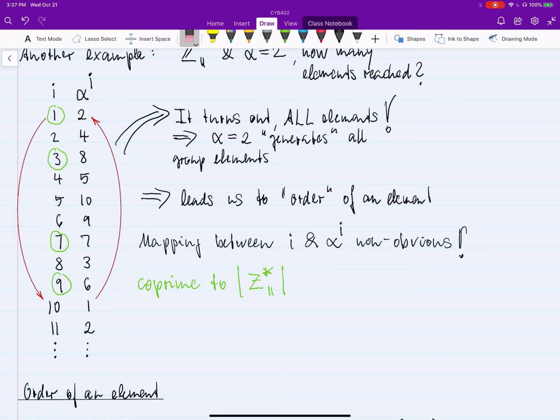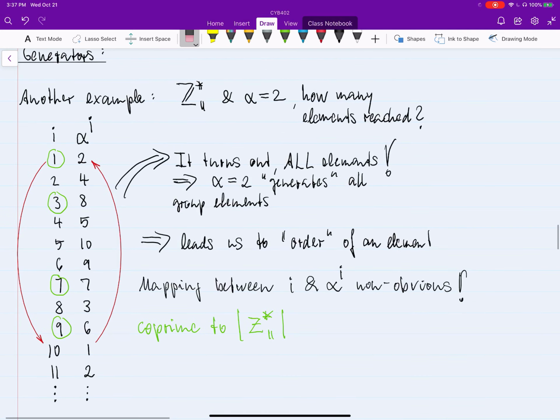One more observation: I put some numbers in green. I did it for a purpose that is going to become clear later on. But for now, just notice that these elements are all relatively prime to p minus 1.